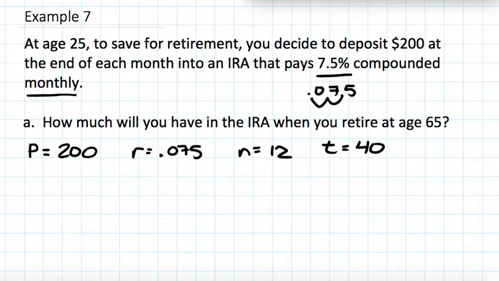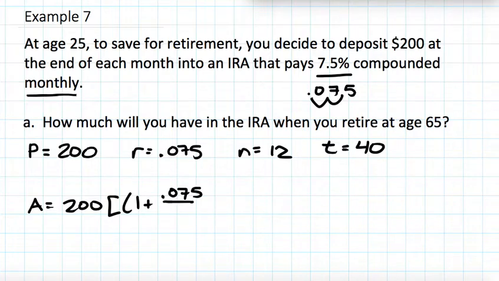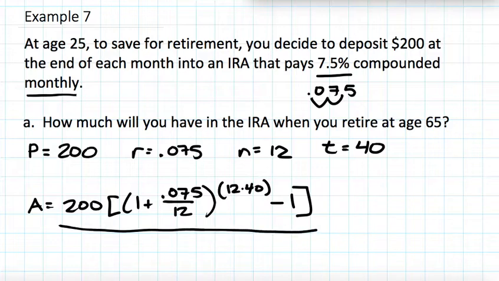So now I'm going to plug in A equals 200, 1 plus R over N to the NT, minus 1, all over R over N. And again, make sure you're using parentheses here when you type this into your calculator.